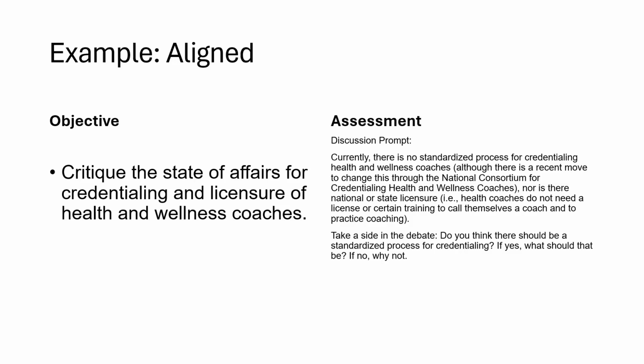And then I'll give you a second to read that prompt. What kinds of things do you see in the phrasing of that prompt that let you know that it is aligned to the objective?